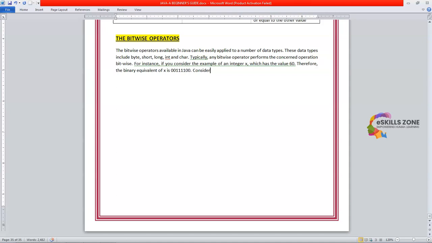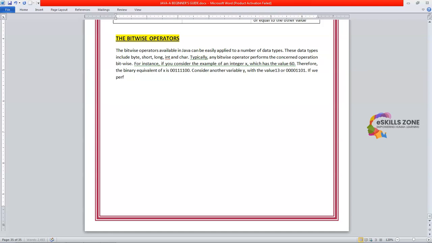Consider another variable y with the value 13 or 0 0 0 0 1 1 0 1.